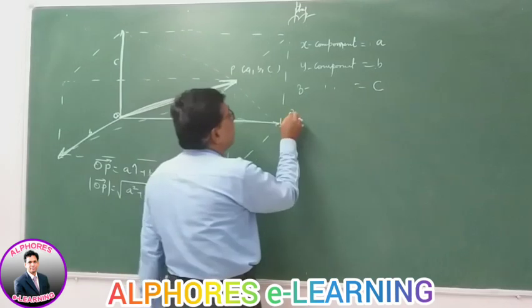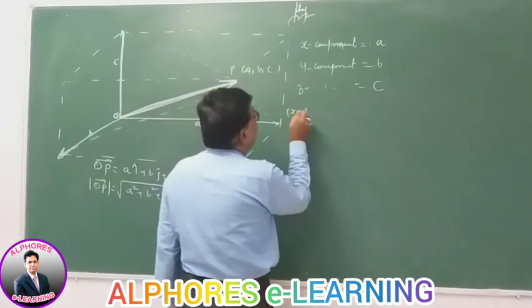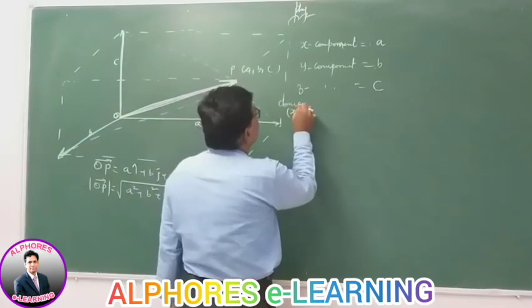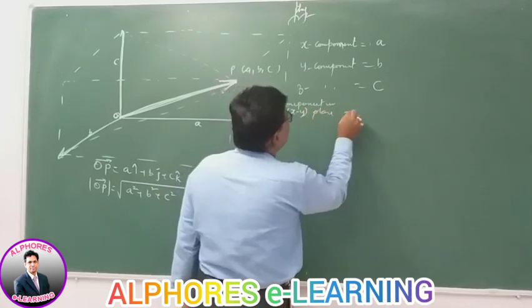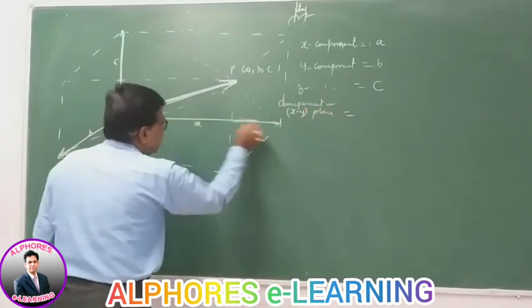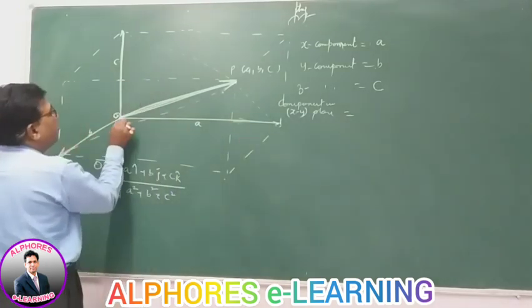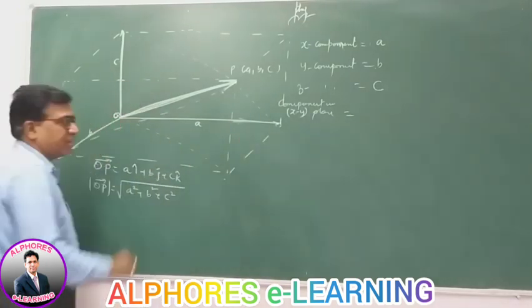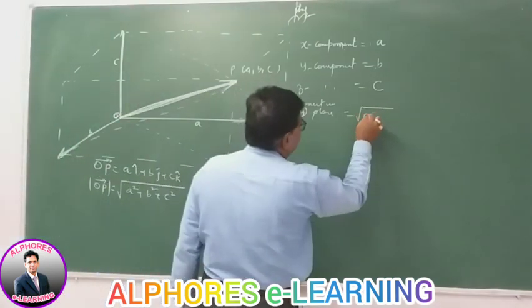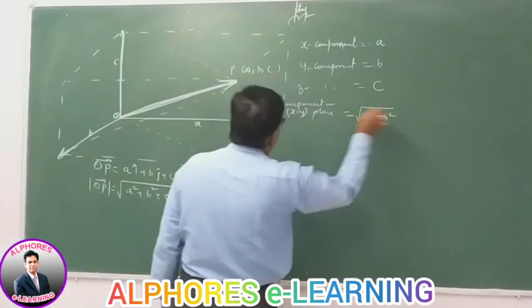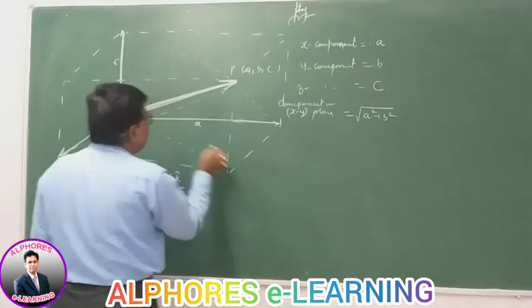Sometimes you will be asked the component in the xy plane. Now in this xy plane, x is a, y is b. The xy component is given as under root of a square plus b square, because this is a and this is b, it's a right angle triangle.